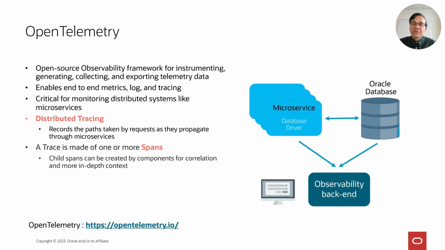Then what you can do is that from the application side, you can have all the traces sent to the backend, and also the database can send the traces to the backend. And then the observability backend can correlate all the different traces by using the parent and child span IDs and provide a unified view for monitoring and figuring out what's going on.